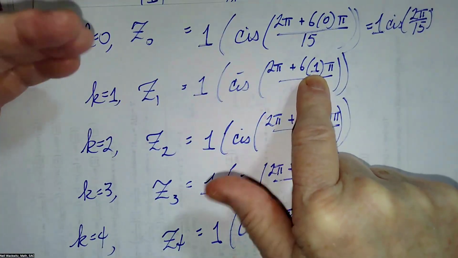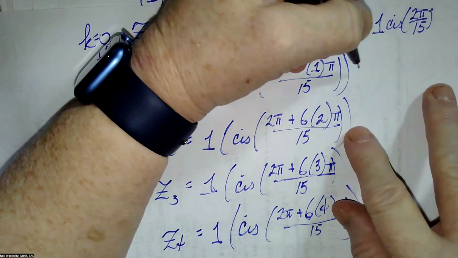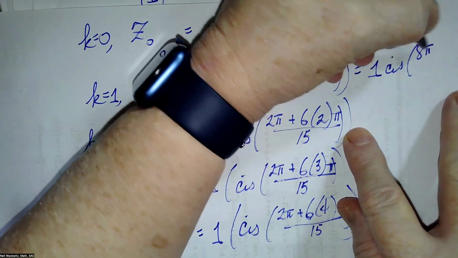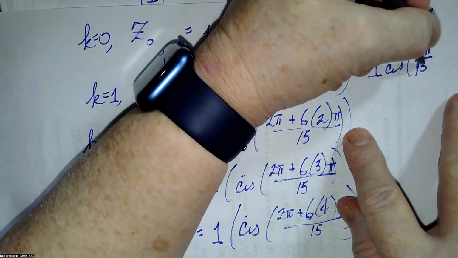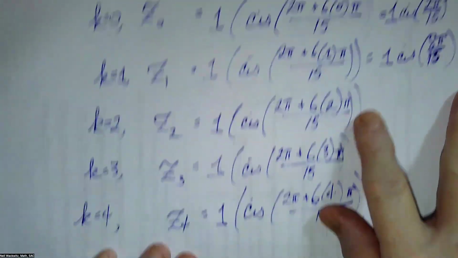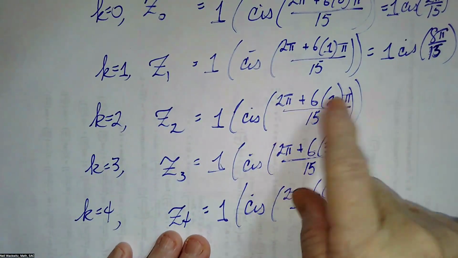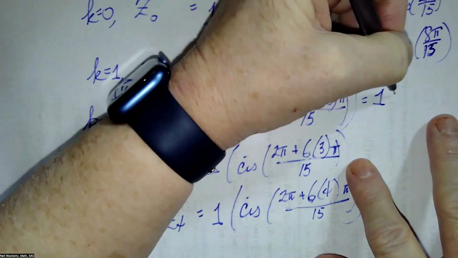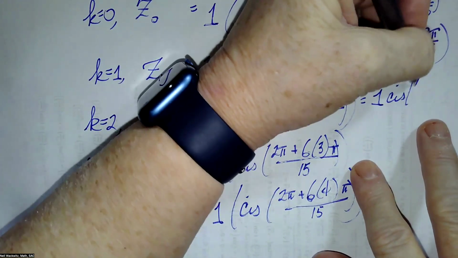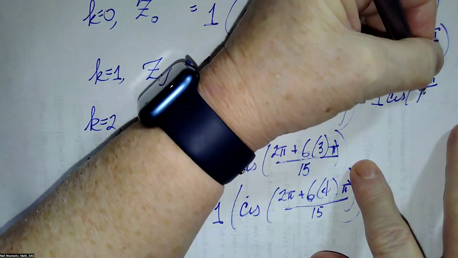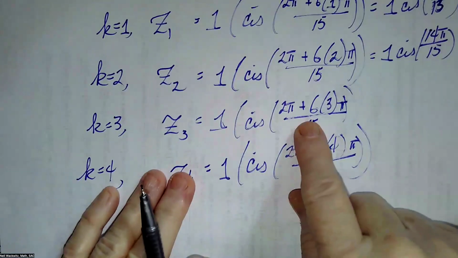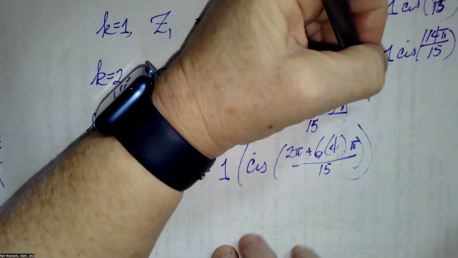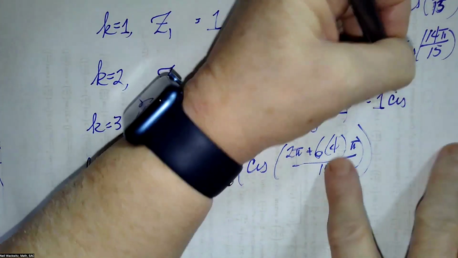Six times 1 is 6, plus 2 is 8. Six times 2 is 12, plus 2 is 14. Six times 3 is 18, plus 2 is 20.